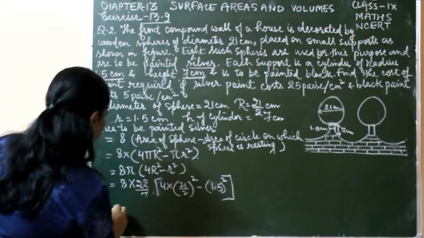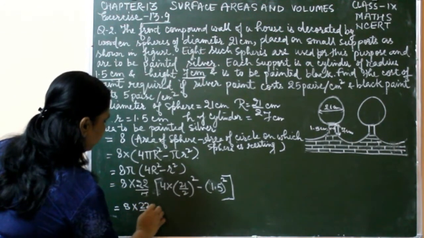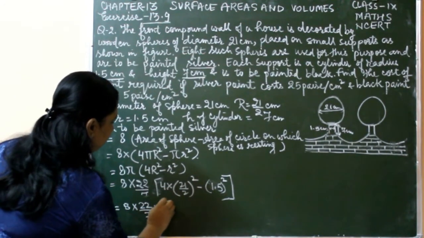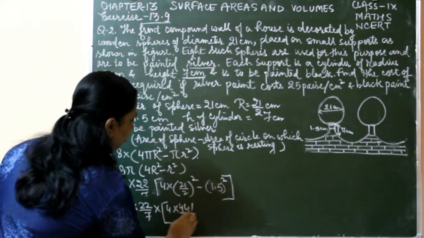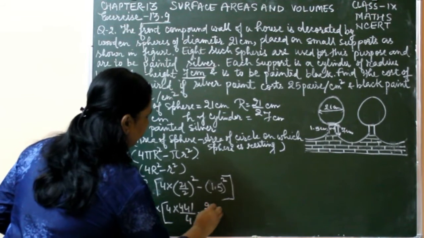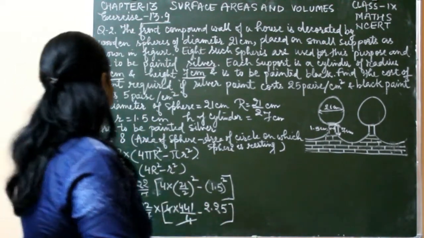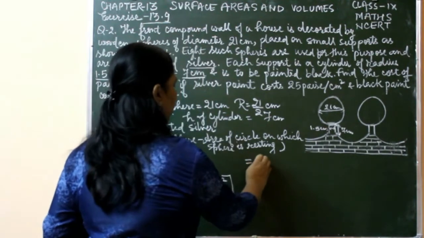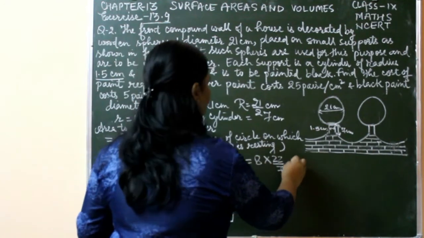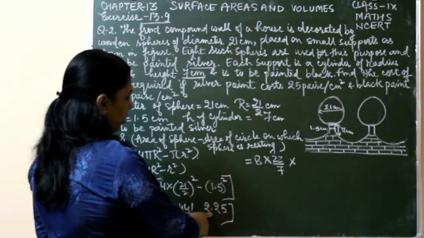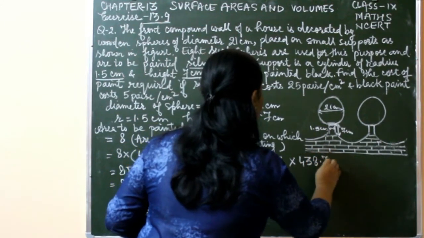Okay, this is equal to 8 into 22 upon 7 into 4 into 441 upon 4 minus 2.25. 4 cancels 4. So this will be 8 into 22 upon 7 into 441 minus 2.25 is 438.75.